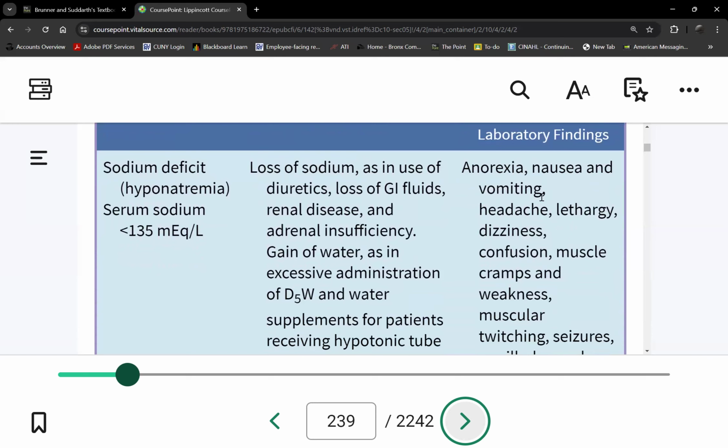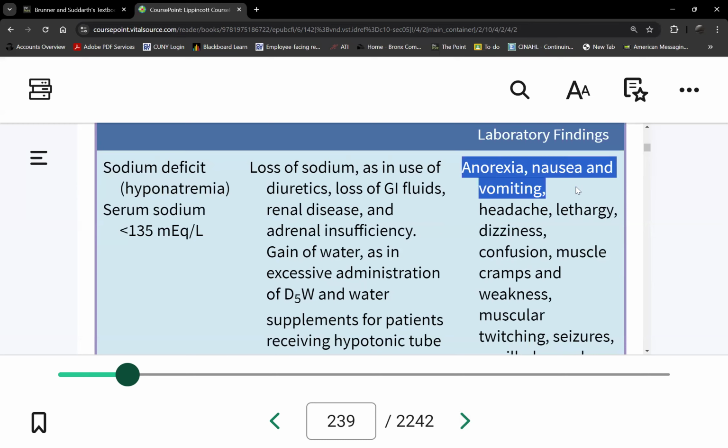Now look for a pattern. So remember that sodium is an extracellular cation. It's an extracellular electrolyte. So what happens if you don't have enough of it? Look at the pattern. What happens to the cellular excitation? So when you say anorexia, nausea, vomiting, what is the effect of low sodium on the GI tract?